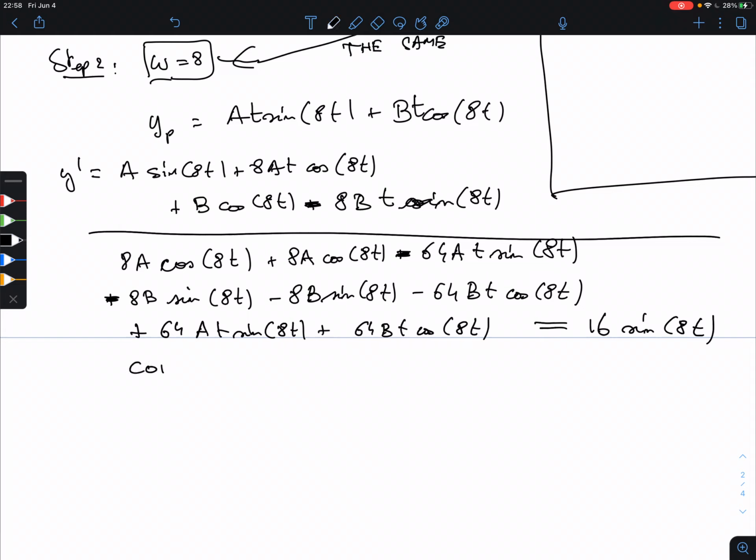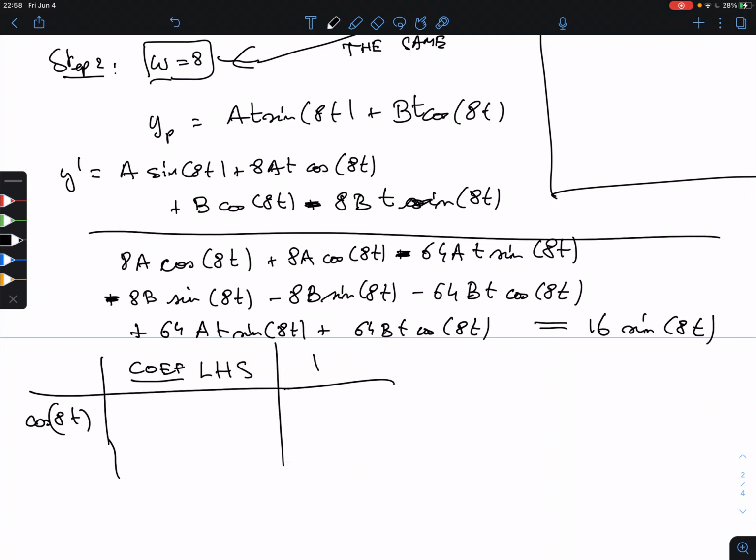So I'm going to just write here, these are the coefficients of the term, of which term? Well, here I'm going to take cosine 8t. And this is the coefficient of the left-hand side. I could do the coefficient of the right-hand side here too, but I need more space, so let me not do this. So the coefficient on the left-hand side for cosine 8t, I'll underline them with red.